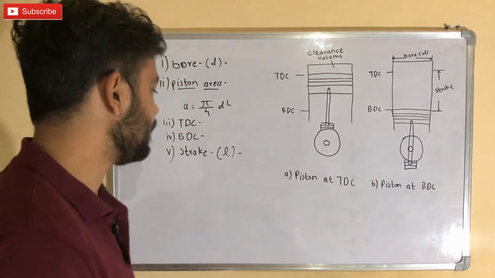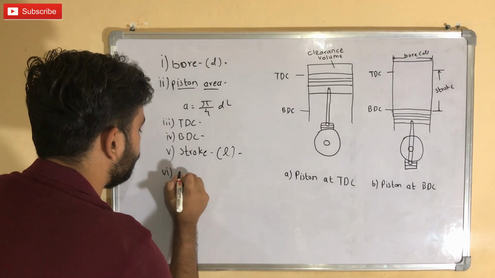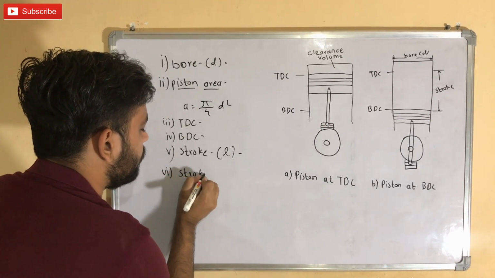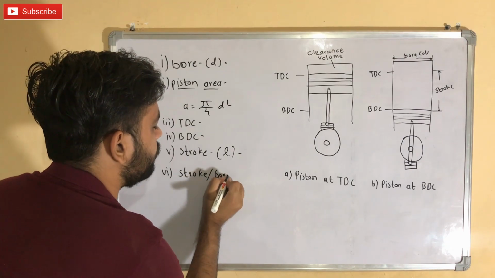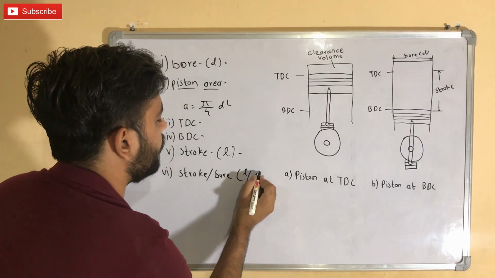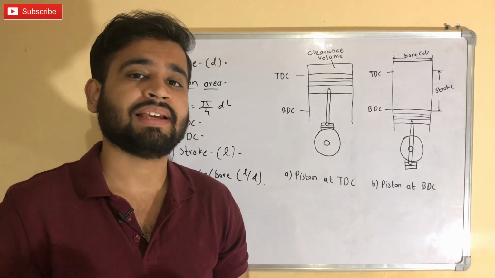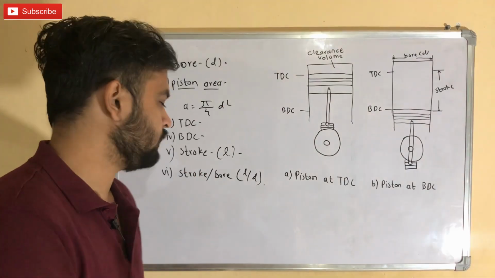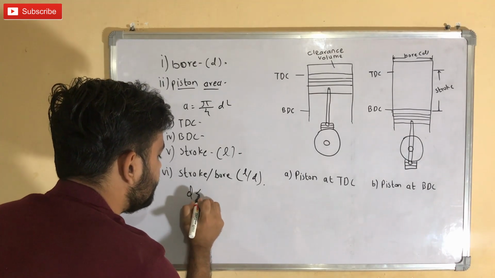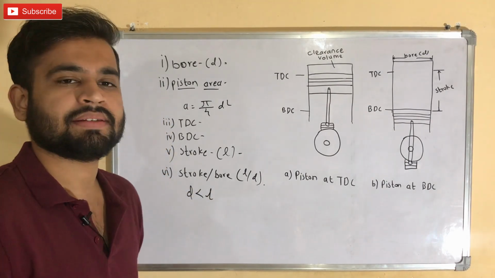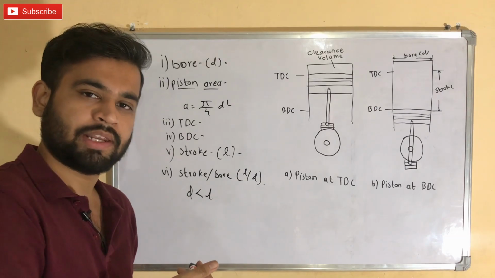So our next topic is stroke to bore ratio, L by D. The stroke to bore ratio is very important when classifying the type of engine. Whenever D is less than L, the engine is an under square engine.